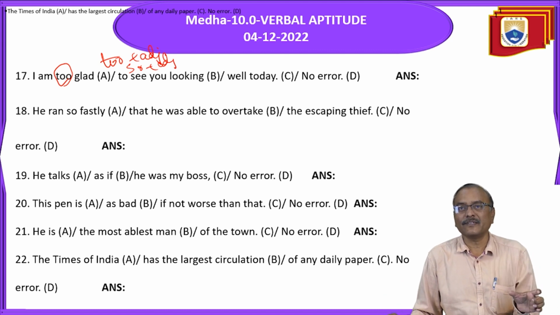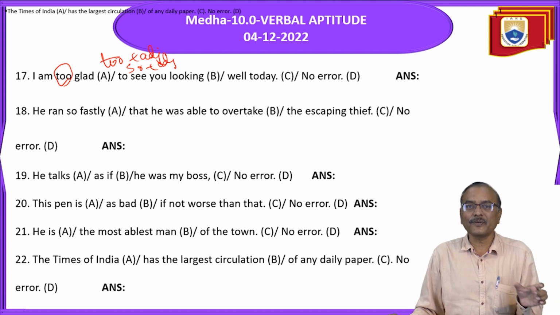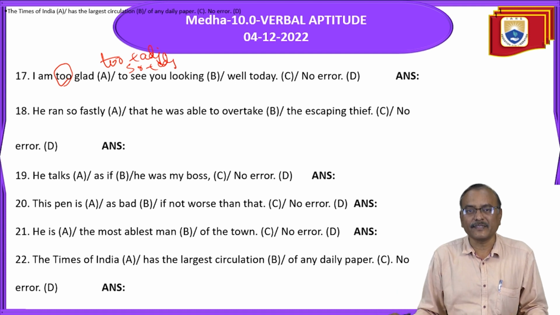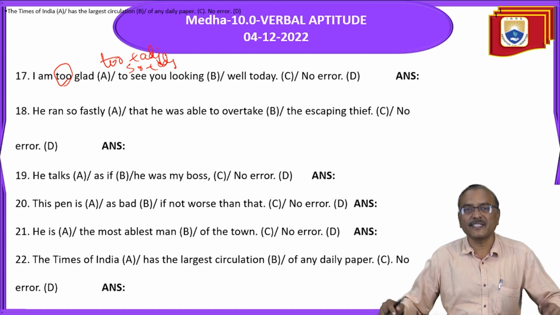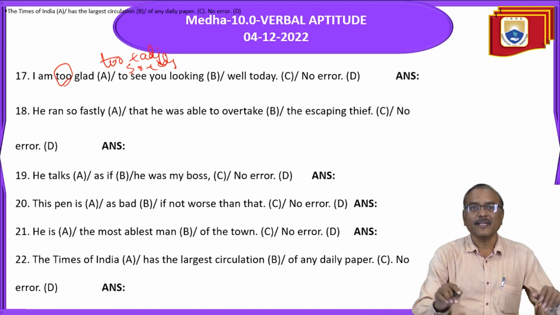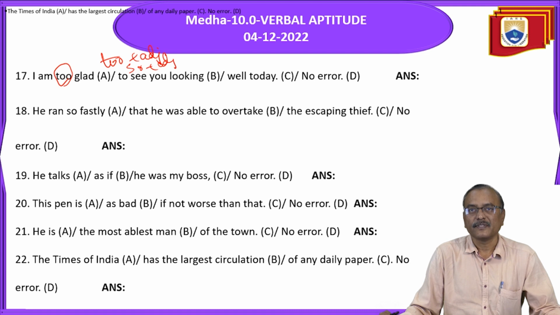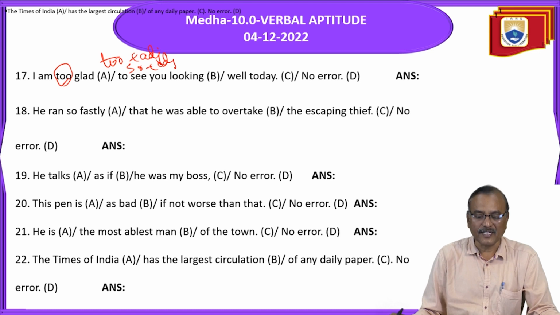Too hot to drink means we cannot drink. Too fat to walk means he cannot walk. So always we use too plus adjective in negative sense only. So too glad means you're over glad, which we can't bear. So that expression is wrong.